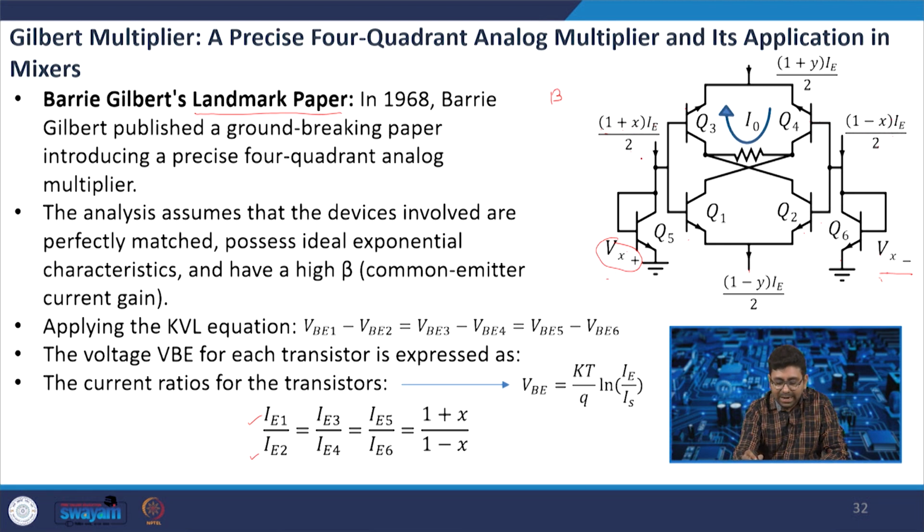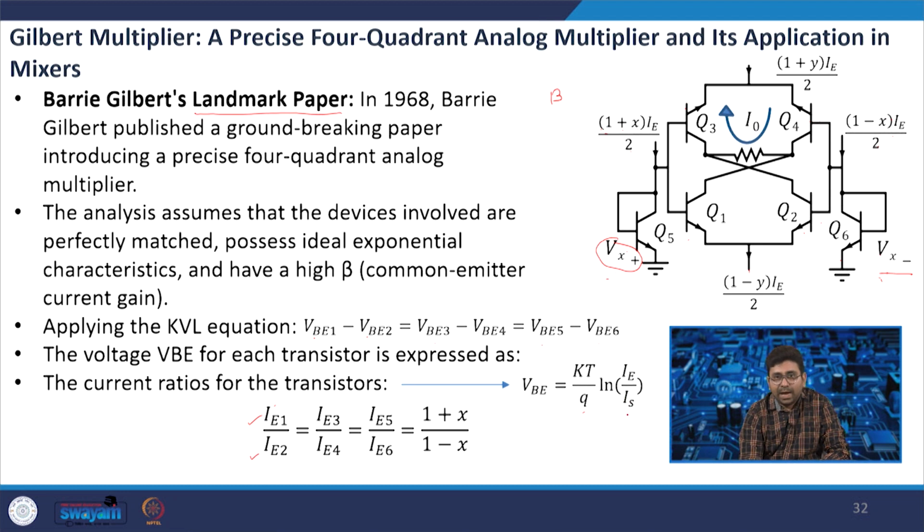So the ratio of currents IE1 by IE2, if we consider VBE1 minus VBE2, VBE3 minus VBE4 equal to VBE5 minus VBE6, because this is a logarithmic equation, we can write I1 by IS divided by I2 by IS.